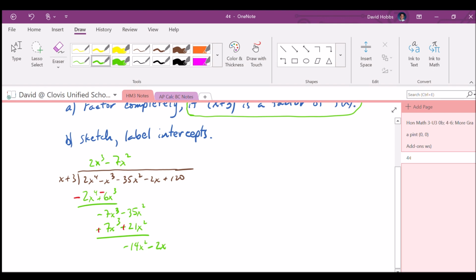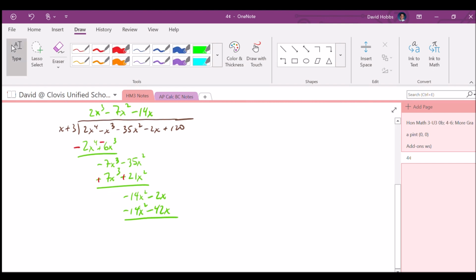Okay, what times x gives me negative 14x squared, so negative 14x. I get negative 14x squared, and I get minus 42x. And I'm going to distribute a negative. Okay, and so we get 40x, and I bring down my last term of plus 120, and we're going to see right now whether we've done a good job or not, because we should get 0 at the end if we've done everything correctly.